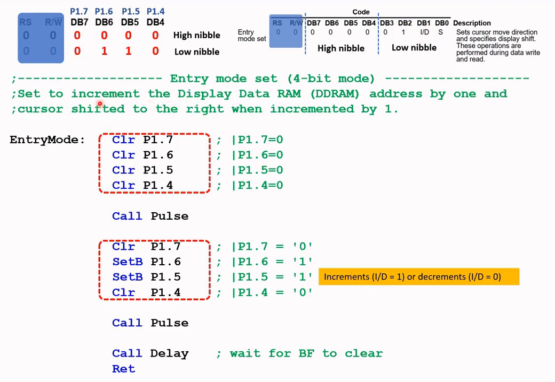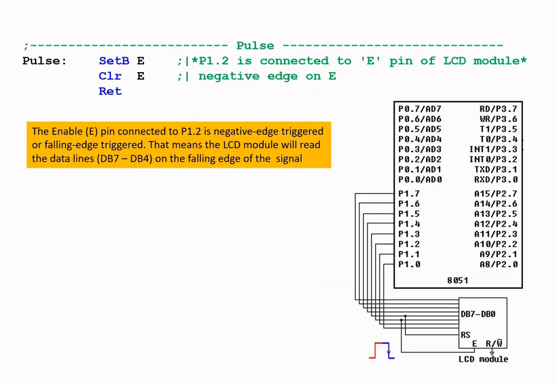Now that would increment the display data RAM or DD-RAM address by 1, and the cursor will be shifted right when incremented by 1. So this bit here will take care of this too. And we are setting S to 0, because if you set S equal to 1, it will shift the entire display, and we don't want that. So we set it to 0.